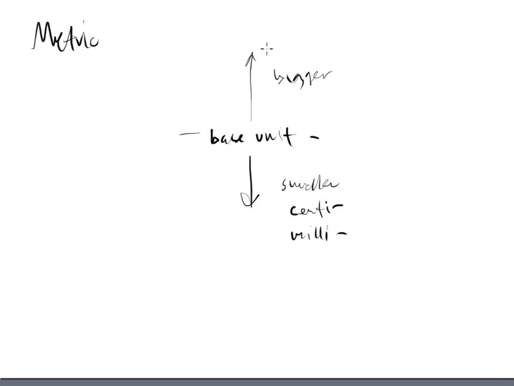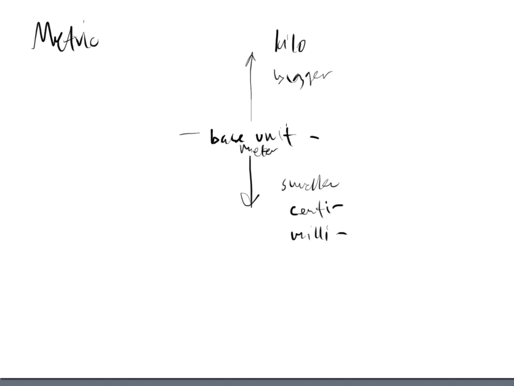And then we can go bigger as well. And one of these common prefixes would be something like kilo. So we can have kilogram or kiloliter. If this base unit was meter, then that's fine. This is centimeter, millimeter, or kilometer, really is what we say most of the time. But this is a prefix that is bigger than that base unit.